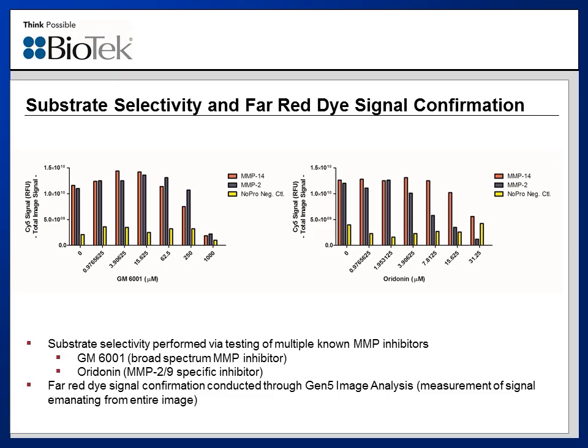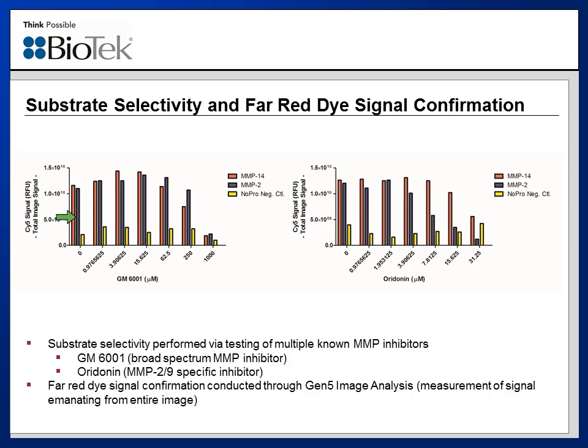As I mentioned, this eliminates the use of the cellular mask and incorporates the signal from every pixel. And again, we see the same types of decrease in signal with both the MMP14 and MMP2 substrate, with increasing GM6001 concentrations, as you see here with the graph on the left.